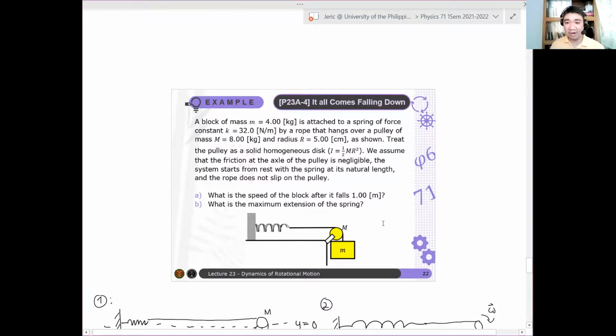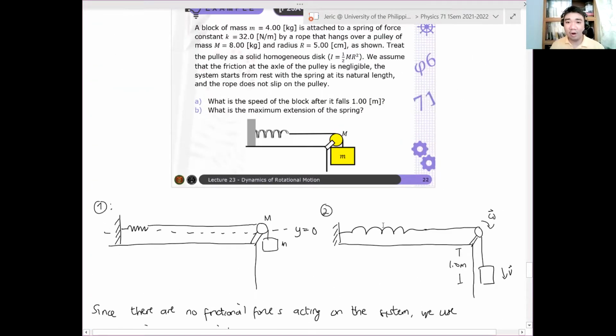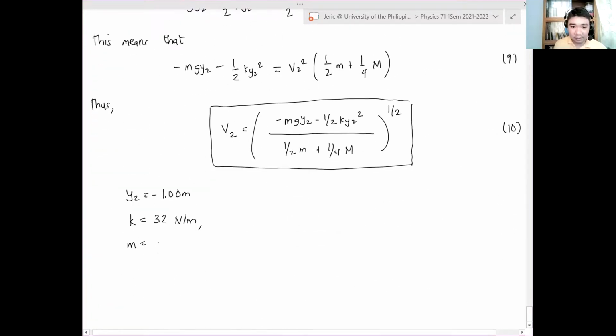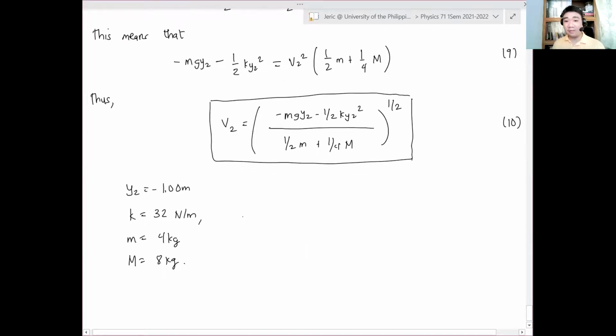And there you have it. So again, small m is 4 kilograms, and capital M is 8 kilograms. The given numbers are y2 is negative 1 meter. Again, it's negative because the box is lowered from its initial height y equals 0, therefore the displacement should be negative.